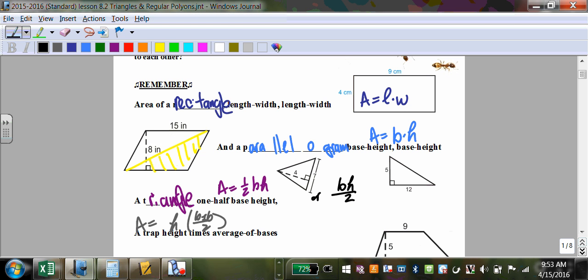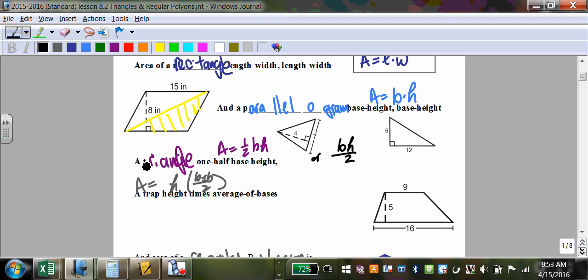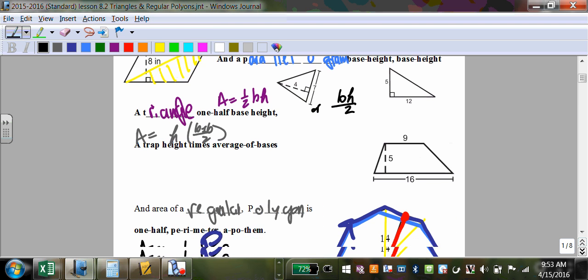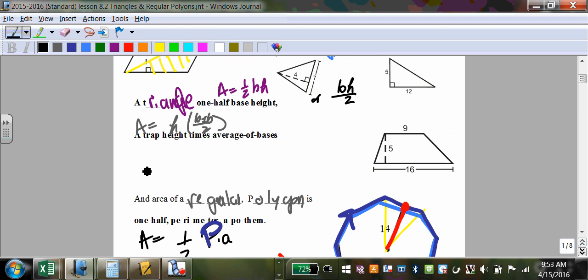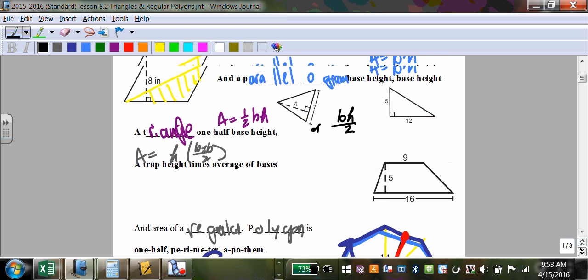Rectangle, length times width. And the parallelogram, base times height, a triangle, 1/2 base times height, a trap, height times average of bases, and area of a regular polygon is 1/2 perimeter times apothem, boom, boom, boom. One more time, let's pick it up, get a little bit more of a beat.